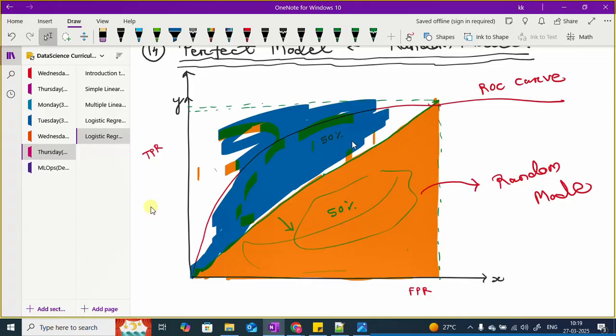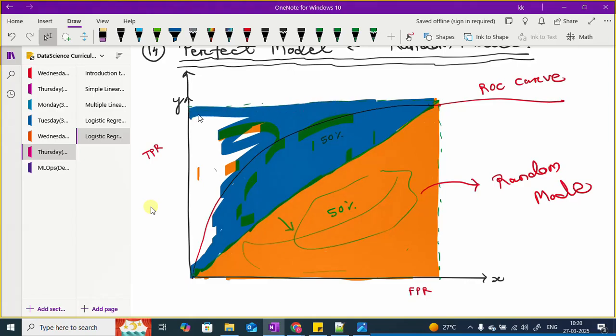Think about this part. If I assume only half, either the below orange color or the above blue color, that is 50%, and that is called a random model. If I take the combination of both, the above 50% and the below 50%, then 50 plus 50 is 100%. That is called a perfect model altogether.